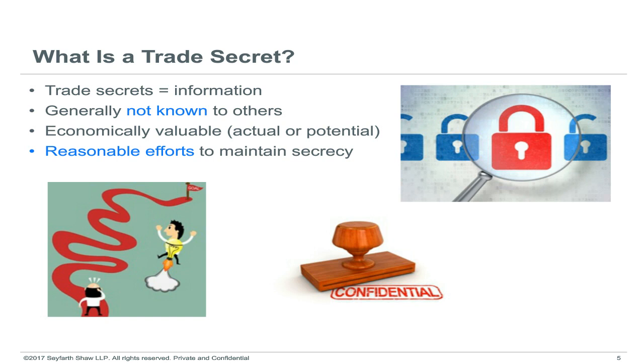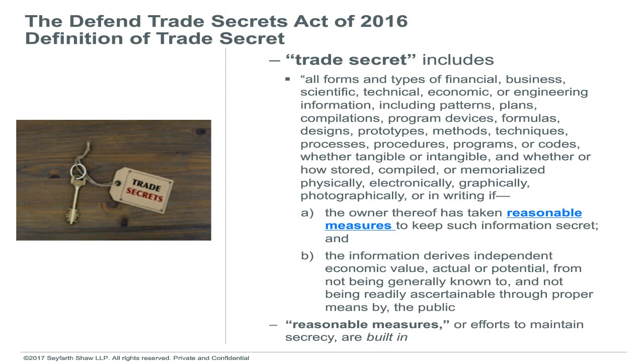And so when the Defend Trade Secrets Act was passed and signed by President Obama in 2016, it was really a watershed moment for trade secret owners. Prior to that time, trade secrets were just protected under state law, at least from a civil perspective.